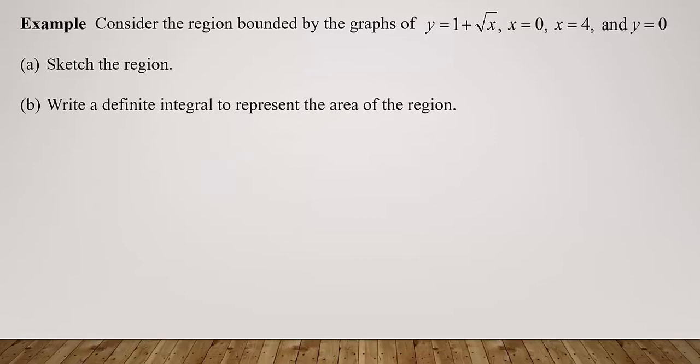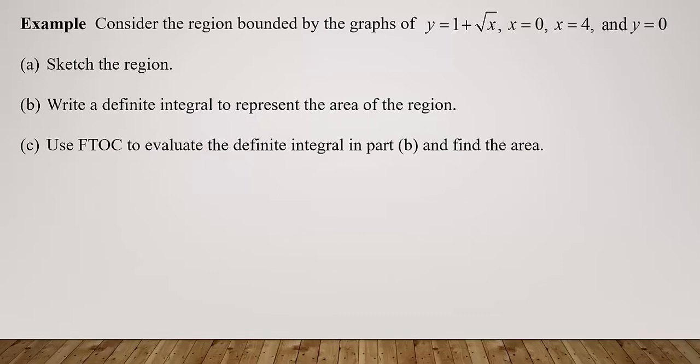Then we're going to write a definite integral to represent the area of the region. So a and b, nothing new there. Then in part C, we're going to use the fundamental theorem of calculus to evaluate the definite integral in part B, and as a result, that is going to give us the area of the shaded region. So let's head off to the chalkboard and let's work through this example.